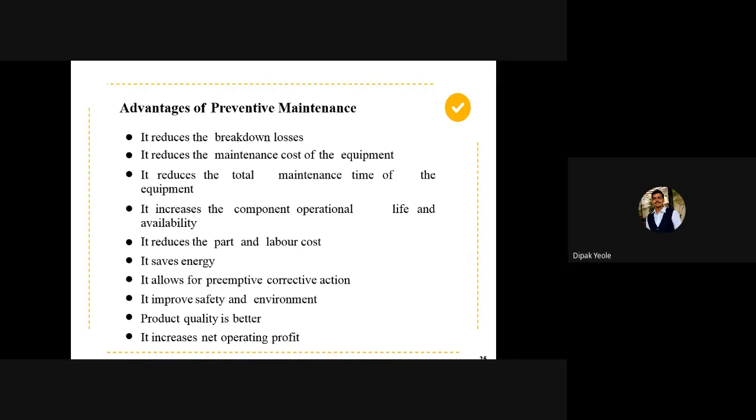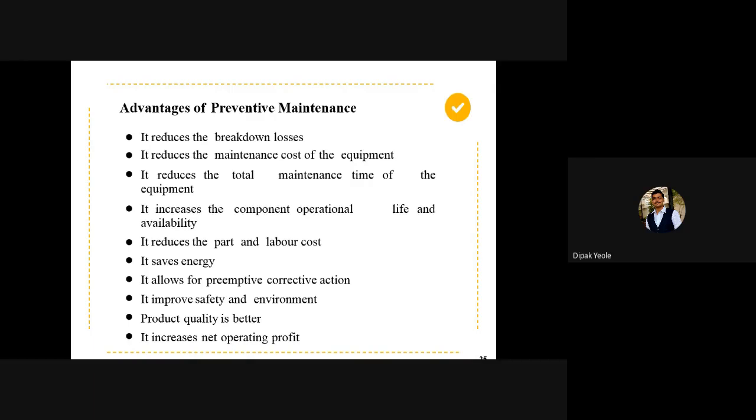It reduces the breakdown losses, it reduces the maintenance cost of the equipment, it reduces the total maintenance time of the equipment, it increases the equipment operational life and availability, it reduces the part and labor cost, it saves energy, it allows proactive corrective actions.